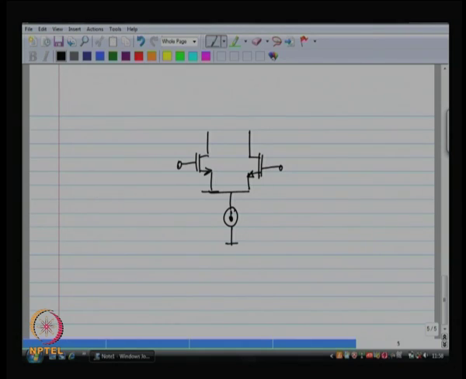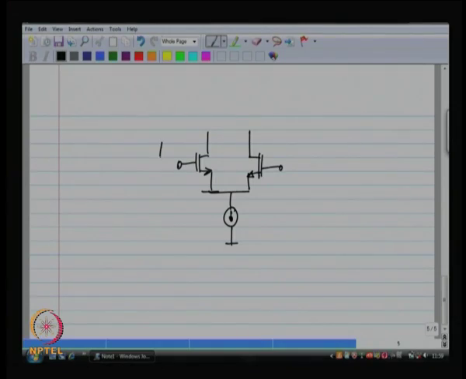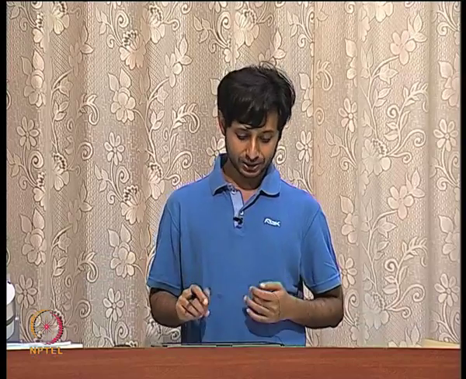Now, as far as this kind of a circuit is concerned, if you look at the input impedance, is it infinitely large, or is the input resistance infinitely large? What is the input impedance of this? Let us say differential mode half circuit.